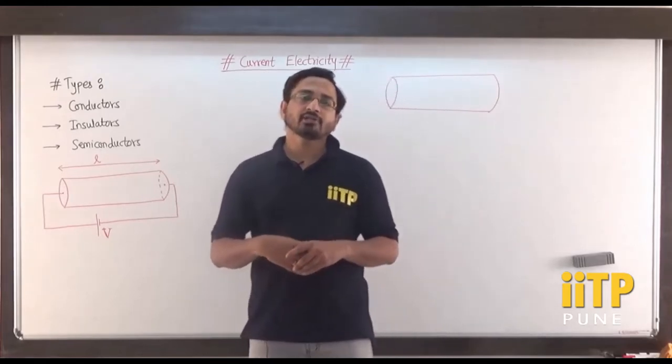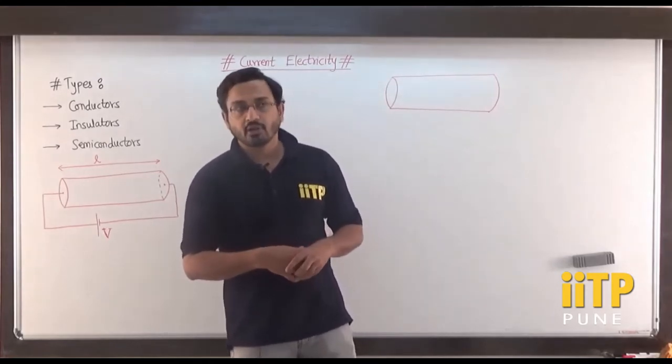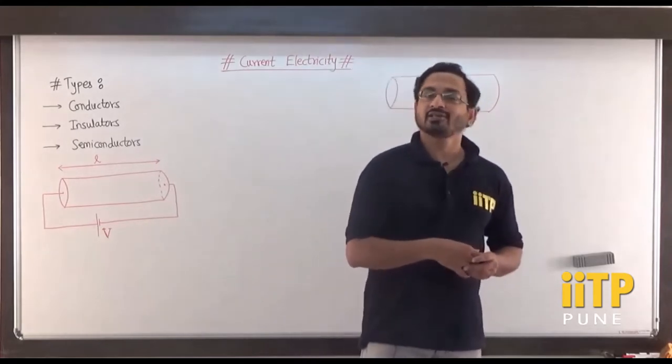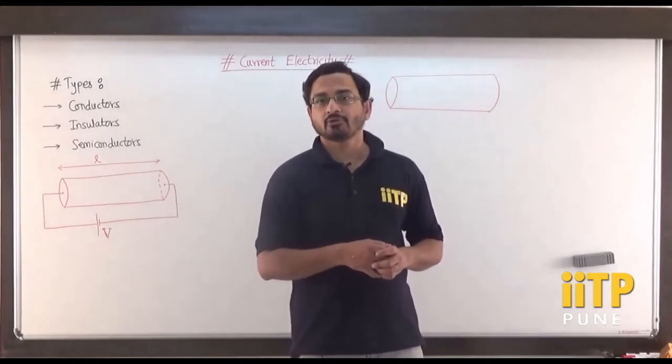The materials which have a large number of free electrons are called conductors. Now when we say free electrons, those electrons are free in the sense that they cannot be assigned to a particular atom of the conductor.